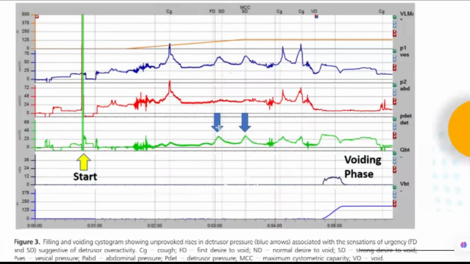It is detrusor overactivity, because there are unprovoked rises in the detrusor pressure, and this detrusor pressure should be more than 15 millimeters. So here it is around 23 plus. Here you see 0, here it is 23. So there is a rise in the detrusor pressure.